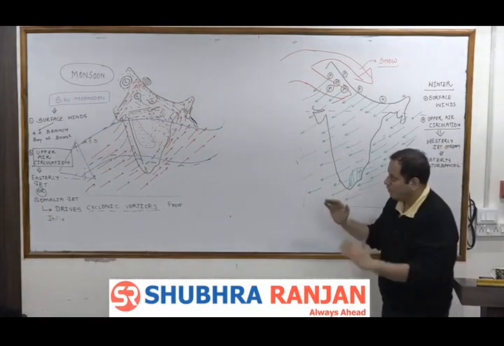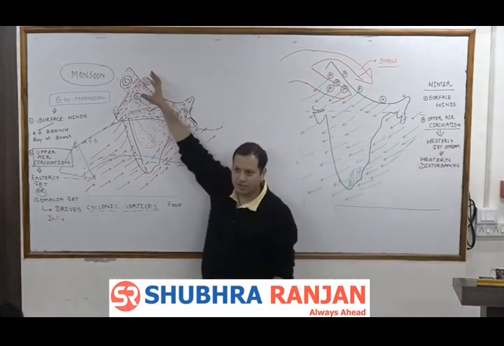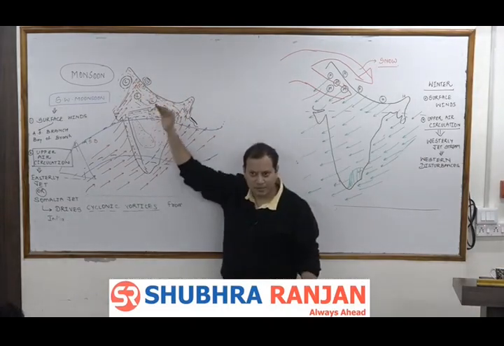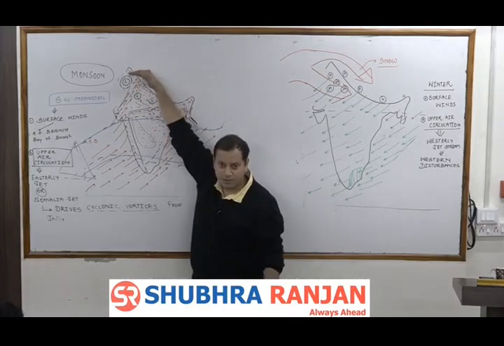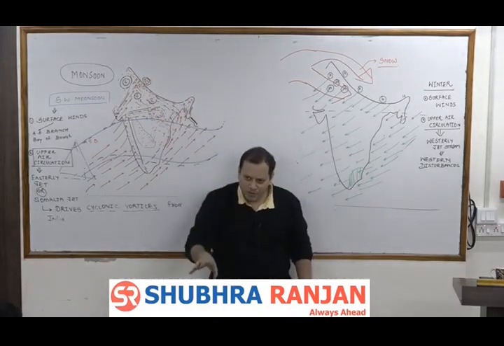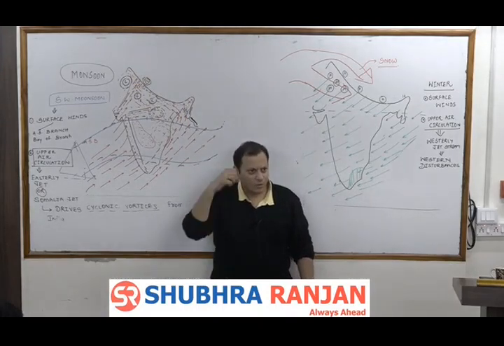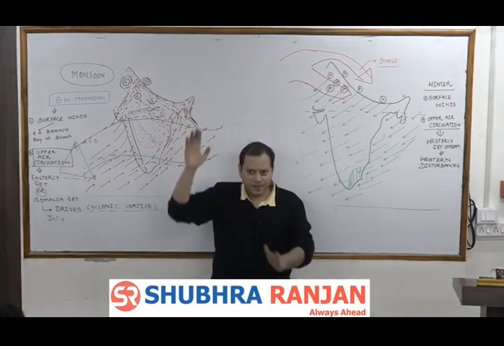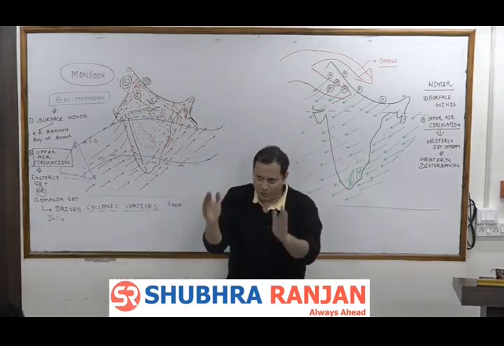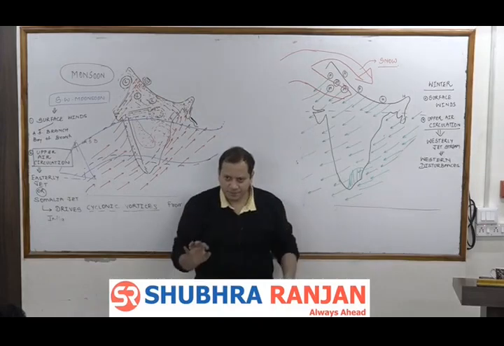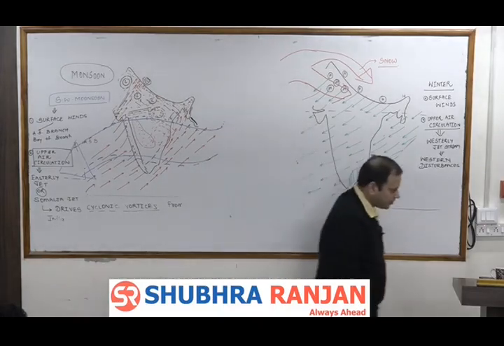That is, the farther north you are, the later these winds come, and the farther you are from the Tropic of Cancer, the sooner monsoon withdraws. Because monsoon is what? Low pressure center. And low pressure center is controlled by heating. And who controls the heating? Sun. So when the sun is going downwards, low pressure center starts shifting into high pressure centers. Fine? Next.